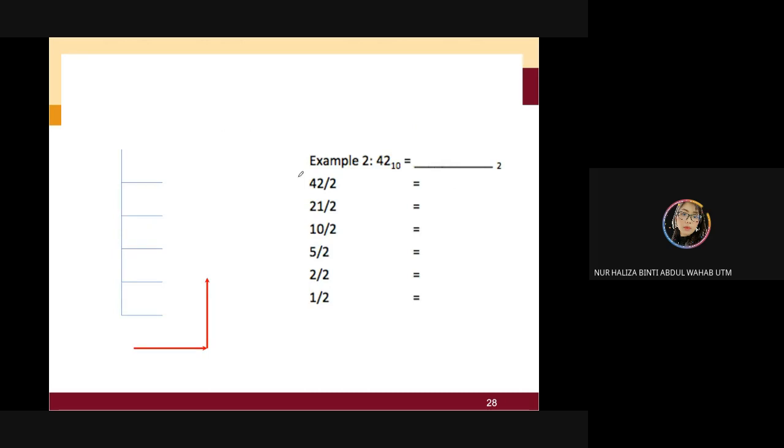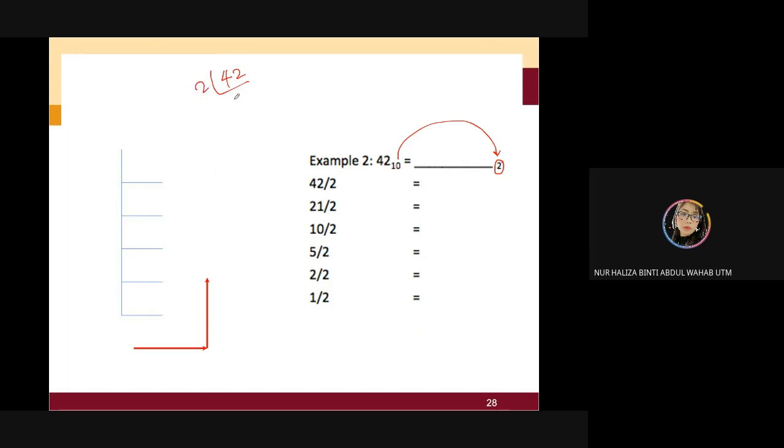Okay, now there is another example over here. You can see 42. I want to convert it into base 2. So for base 2, you're going to divide by 2.